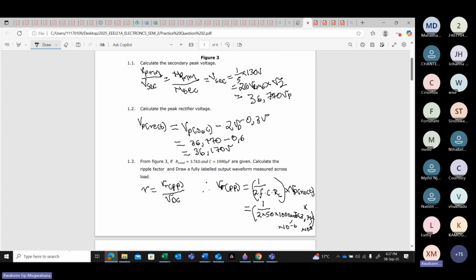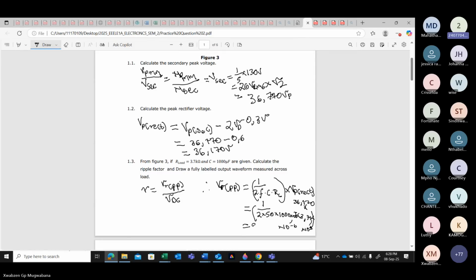What is your V peak rectifier? It is 36,170, which will give you what? Work with your calculators. 0.098. 97,757 millivolts.